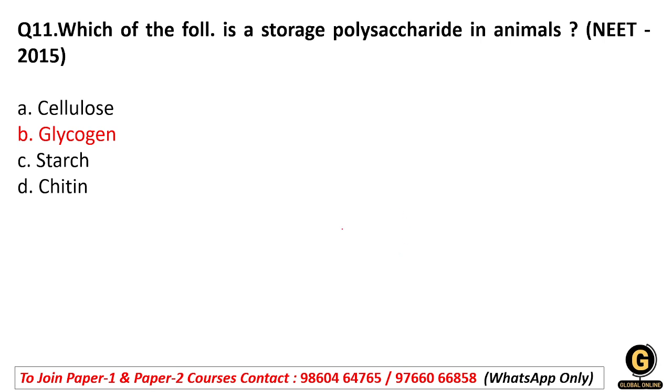So the right answer is glycogen. Yes, because we are also nothing but animals, right? So in us also this glycogen is stored as carbohydrate in animals. Where is it stored? In the liver and muscles. The fat is stored here, right? That is why we say we should not have too much weight, because if there is too much weight, what is happening? There is harm to our liver. Yes, so this question was asked in NEET 2015, that is glycogen.